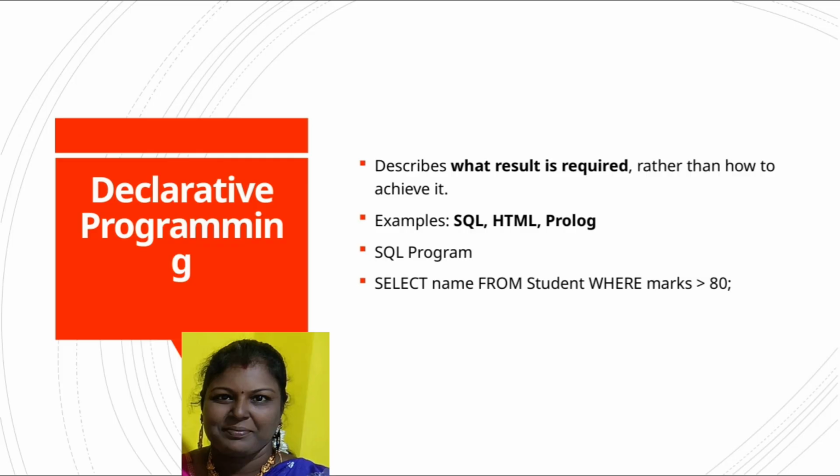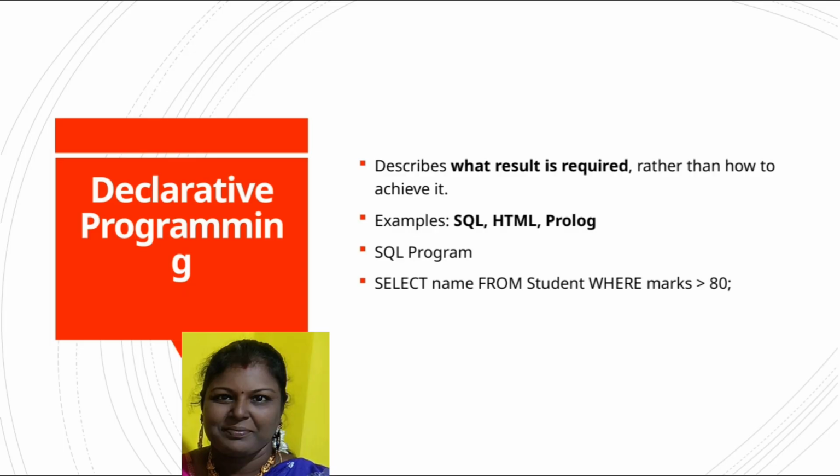Think of SQL, HTML, or Prolog. They let us specify the goal directly. For example, in SQL, we might say, select the names of students with marks over 80. The system figures out the rest. This approach simplifies coding by shifting the burden of execution to the language itself.